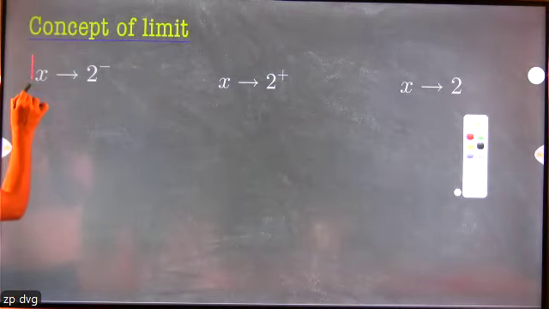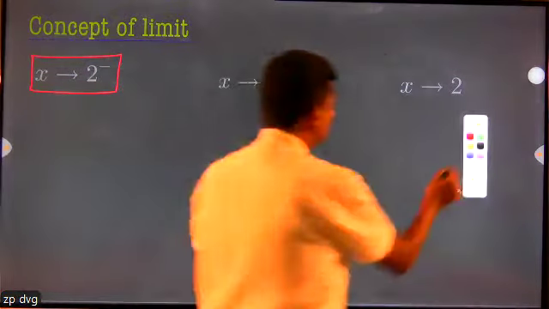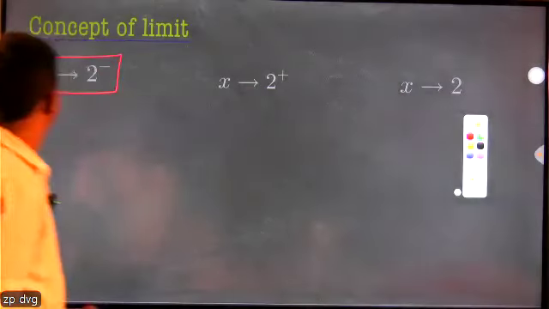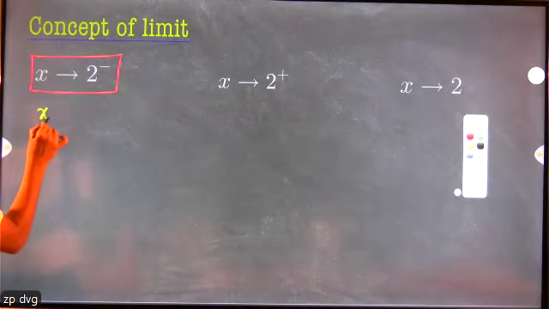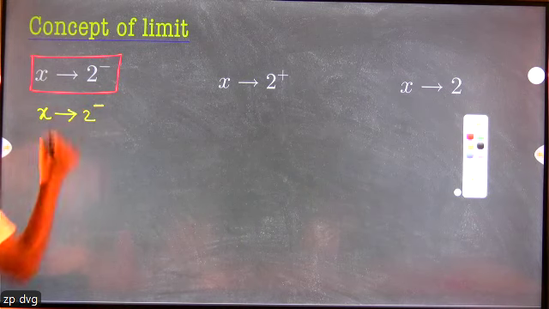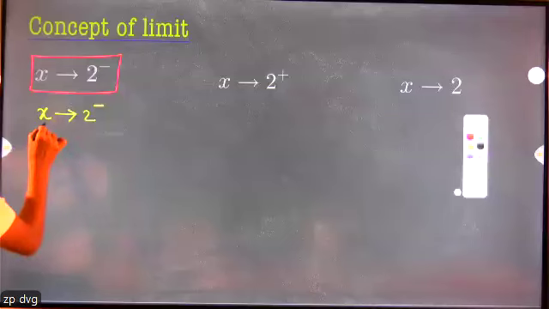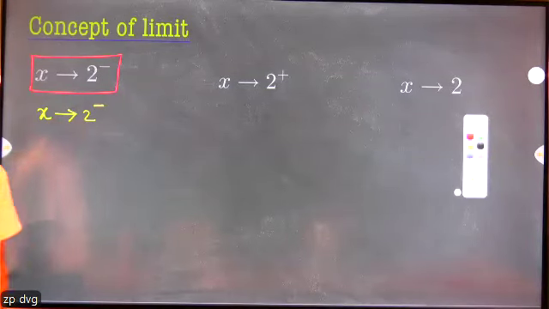You observe this, how do you read this? Here it is x tends to 2, and there is one symbol, a minus symbol. How do you read this? We read it as x tending to 2 from the left.